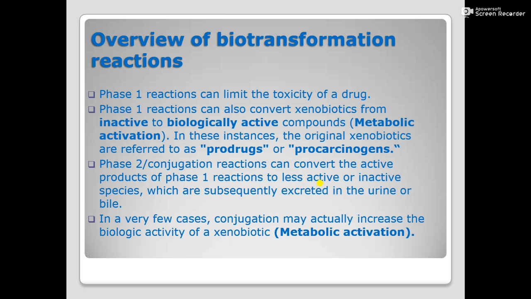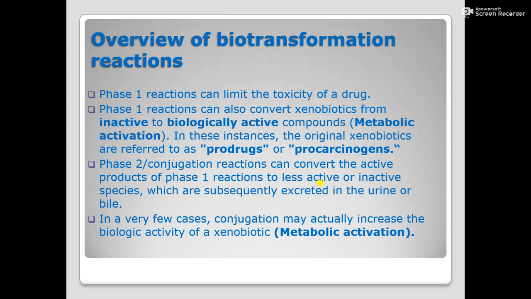In phase 2, the conjugation reaction converts the active products of the phase 1 reactions to less active or inactive products, and subsequently they are excreted in the urine or bile, that is, as excretion products.